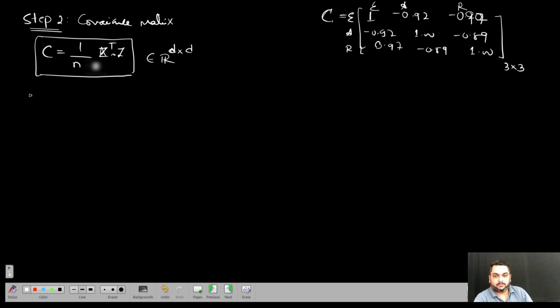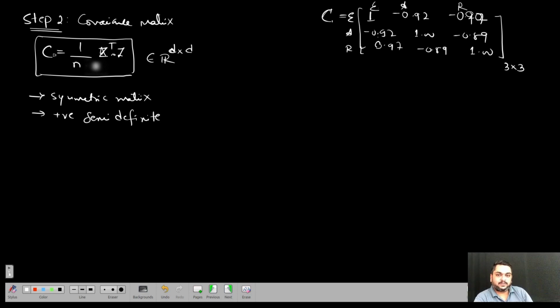Now observe two key points here. First, the covariance matrix is always a symmetric matrix. In this example, the diagonal elements are 1, 1, 1, and minus 0.92 appears on both sides of the diagonal, so the mapping is one to one. Second, it is positive semi-definite; check out my video lectures on vectors and linear algebra.